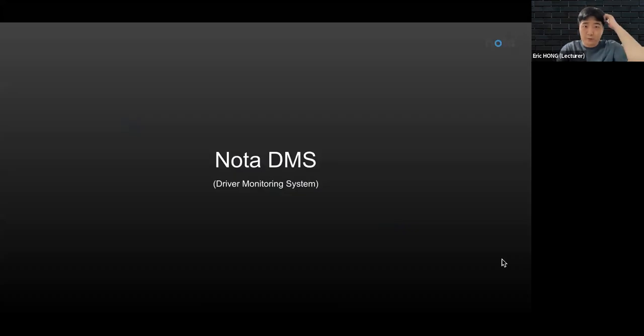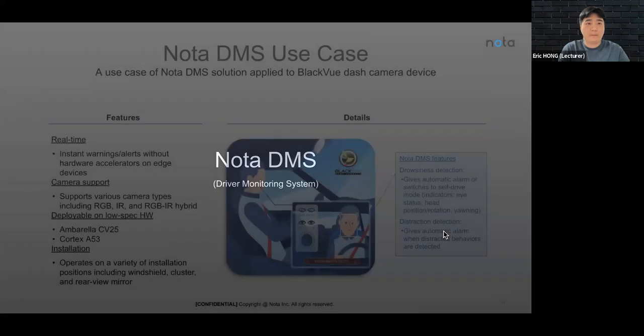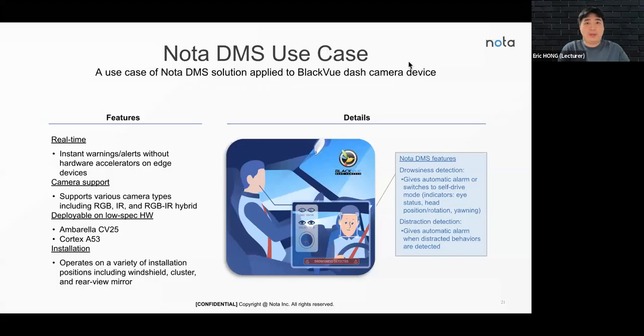Now I'm going to introduce the driver monitoring system, which is another industry example of Nespresso. This DMS, driver monitoring system, is for a driver in the car. Actually, it's more for a driver in an autonomous vehicle.